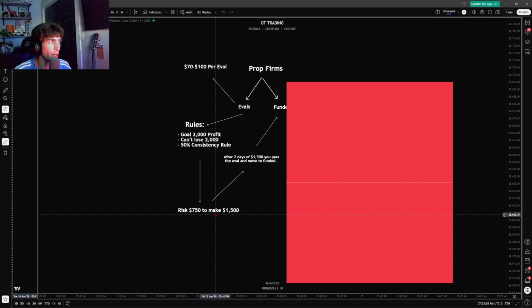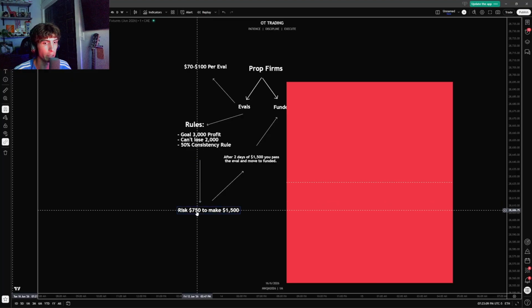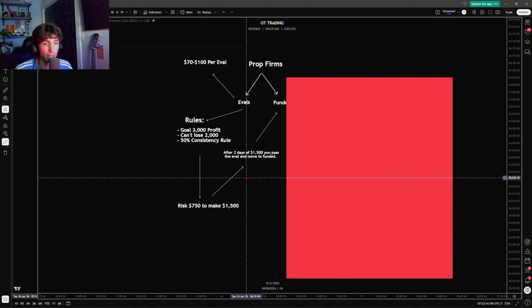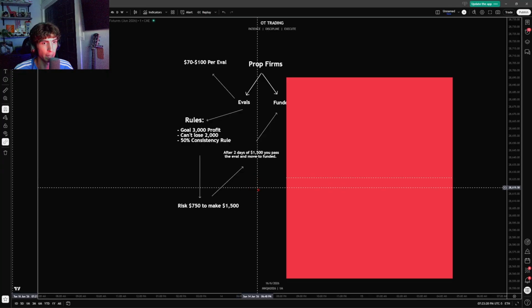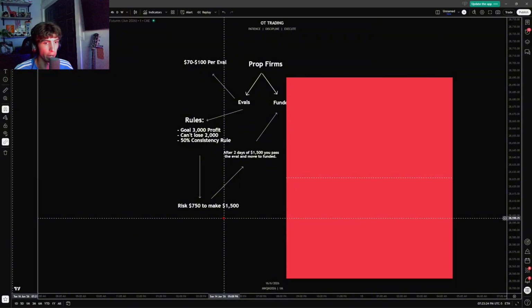I may risk $1,000 if I'm pushing it, but I want to give myself some chances to actually pass the account. So I typically risk $750 to make $1,500, and I go about these heavy. If I blow the account, I'm just okay, I'm going to go on to the next. I'm not going to hold emotions with these because I know it's an ROI game.